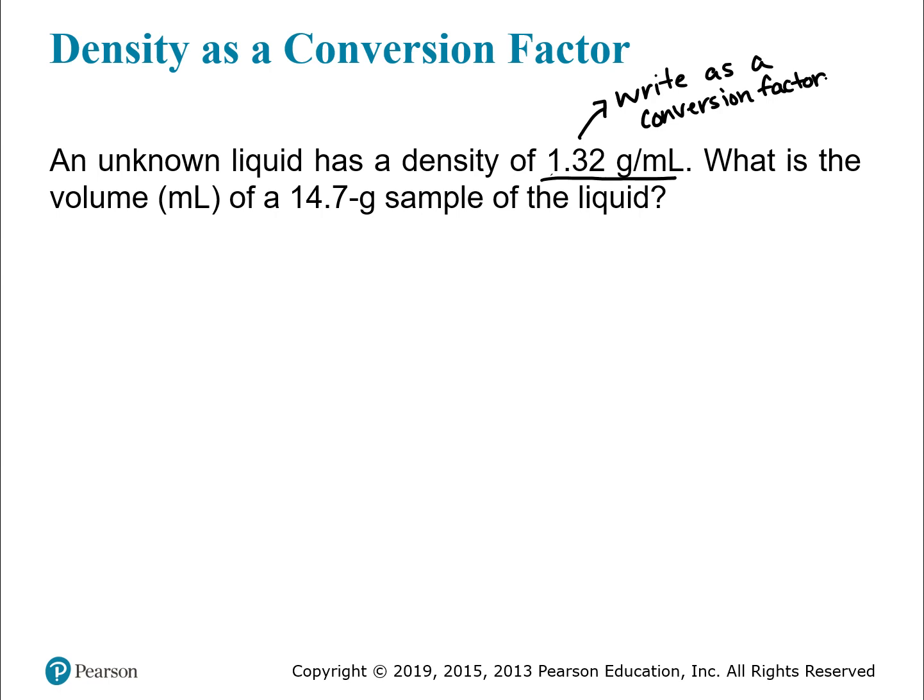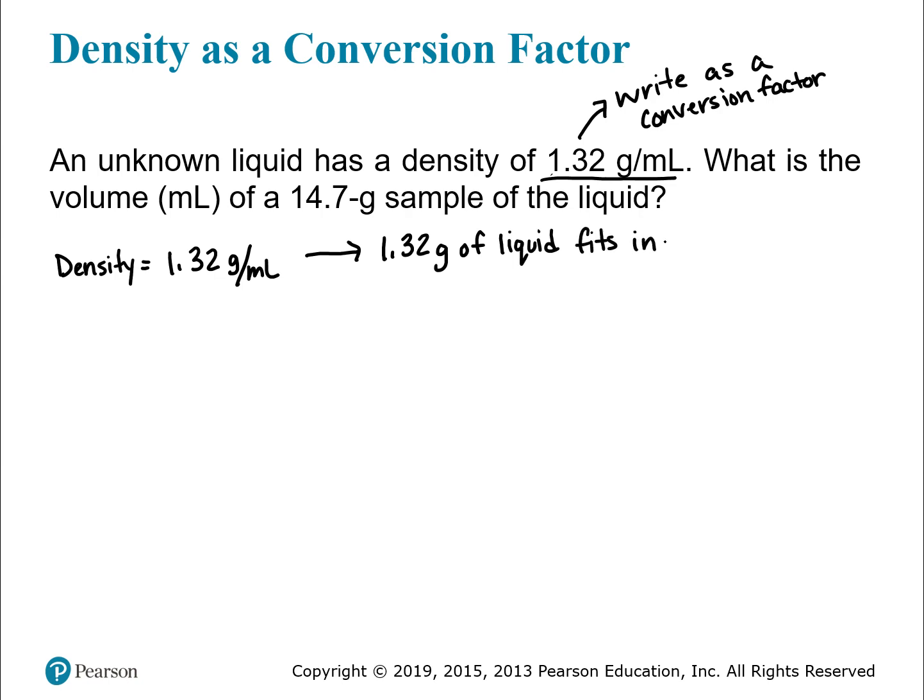We're trying to figure out the volume of this sample of liquid, and we know its mass. We know the density, 1.32 grams per milliliter. What that really means is that 1.32 grams of liquid fits in 1 milliliter.